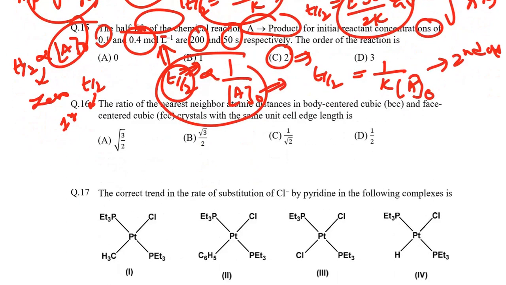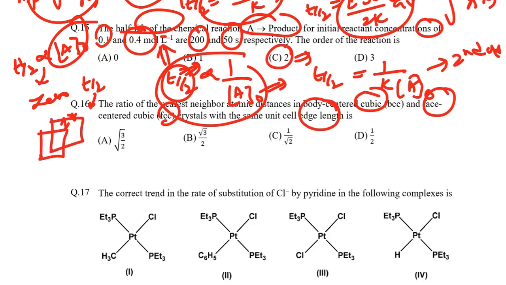Now next question: the ratio of the nearest neighbor atomic distances in body centered cubic (BCC) and face centered cubic (FCC) crystals with the same unit cell edge length is. Here we need to look at the radius of those cubic cells, BCC and FCC, so that is the distance we need to find.